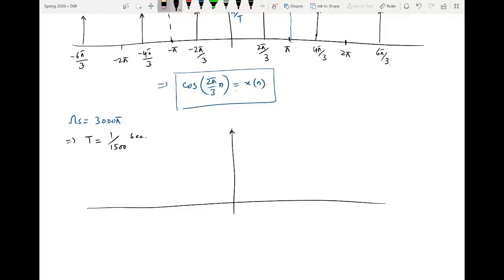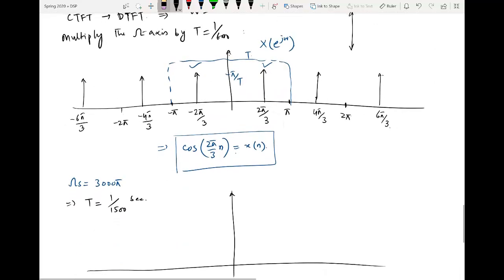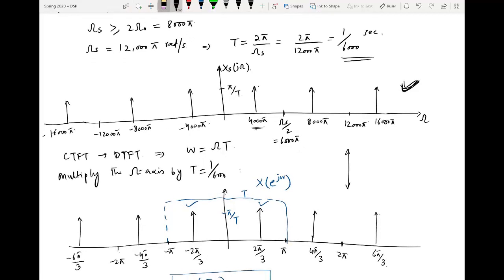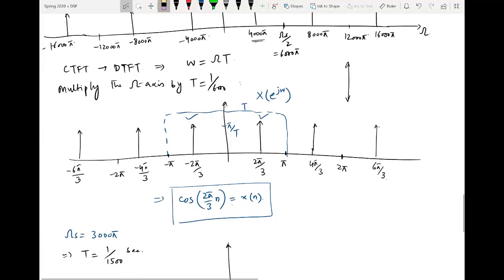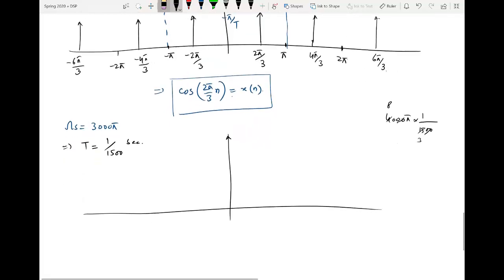We are just going to see the effect of aliasing. This point, which was 4000 pi, will be converted into 4000 pi multiplied by 1 over 1500.